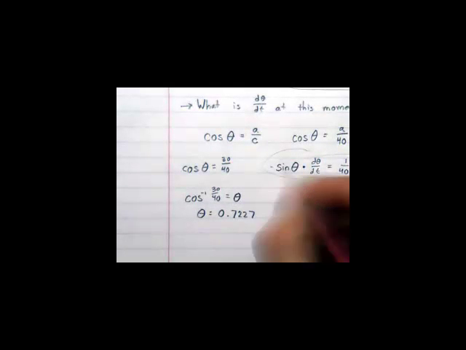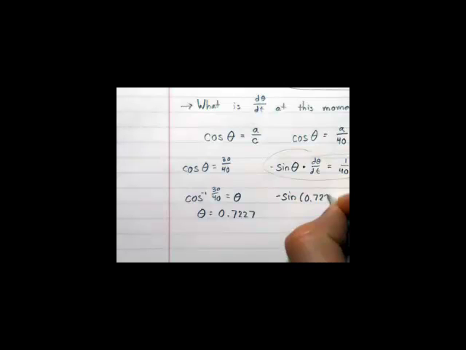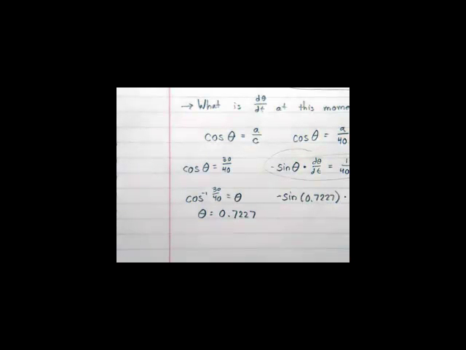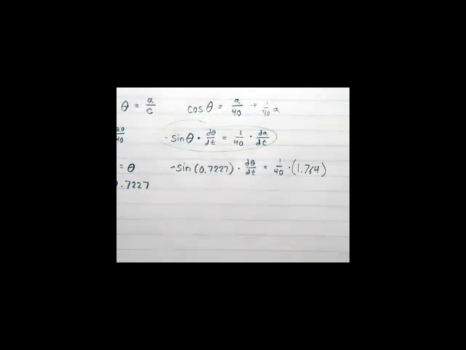So in this equation here, with everything stuck back in, negative sine of 0.7227 times d theta dt equals 1/40th. And we already found dA dt, right? That was from the last question, 1.764. And now we can go through and solve that thing. Find out what is d theta dt off of that equation.